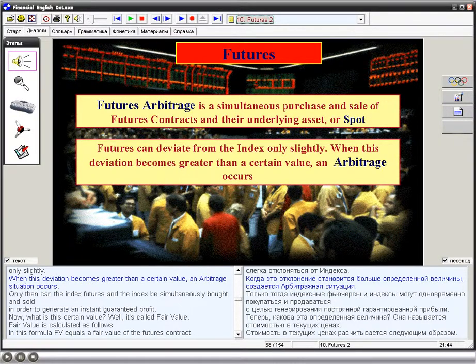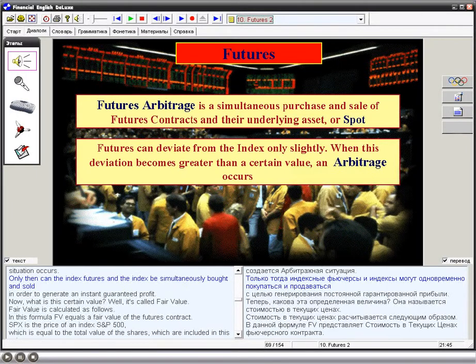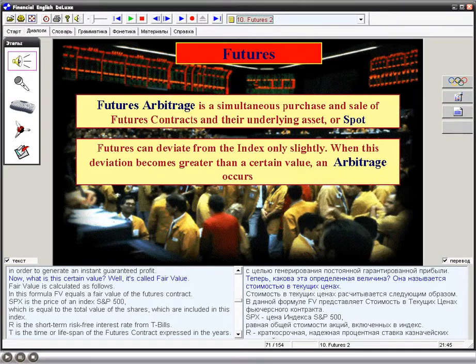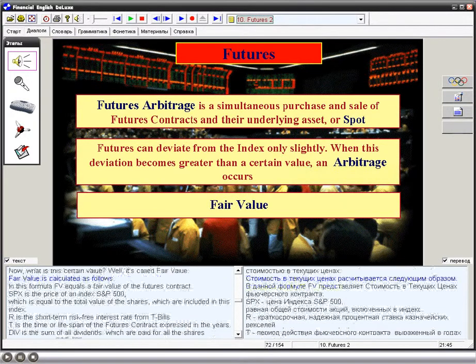When this deviation becomes greater than a certain value, an arbitrage situation occurs. Only then can the index futures and the index be simultaneously bought and sold in order to generate an instant guaranteed profit. Now, what is this certain value? Well, it's called fair value.